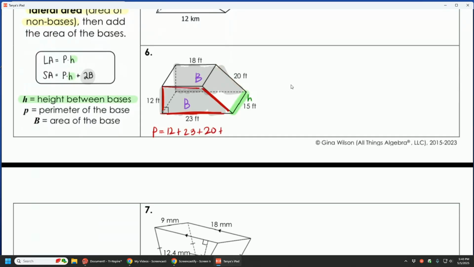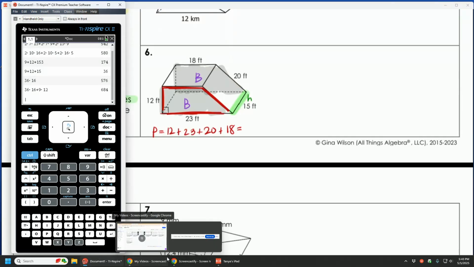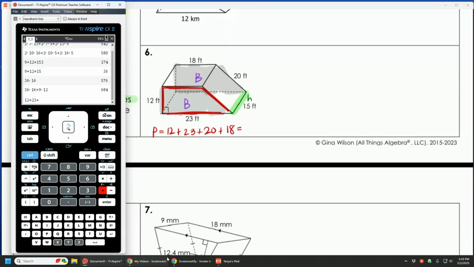And then up top, again, it's the same as the back, so I know that that has to be 18. So all 4 of those together gives me 73.